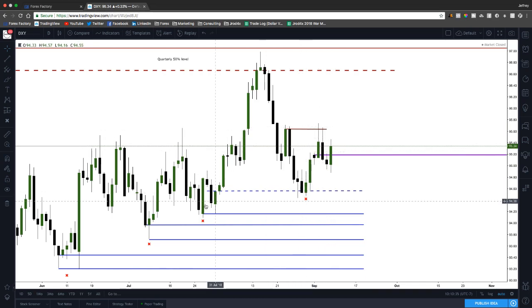At that point I would see this as, okay, so the market traded up, we've made a higher high, traded back down, found support at the 50% level, came up. This is essentially the first quote-unquote break in market structure, if we're going to consider this, but since it's just a wick, I don't typically consider that. That's why I'm saying if we get back above and close above here, then I'll look at this piece of price action a little bit.